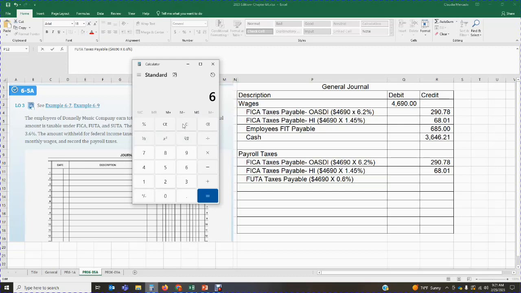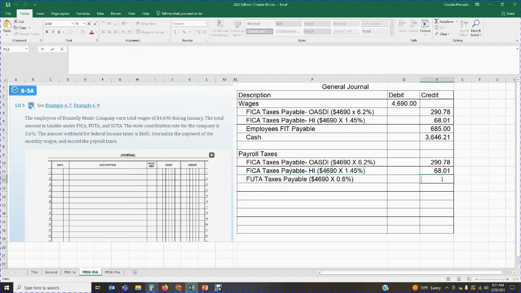So I'm going to get my 4690 times my 0.6%, and that gives me $28.14. And remember, this tax is used to administer the federal and state unemployment program. This is not used to pay out benefits. This is just used to administer the program. So the employer has to pay FUTA taxes and SUTA taxes.